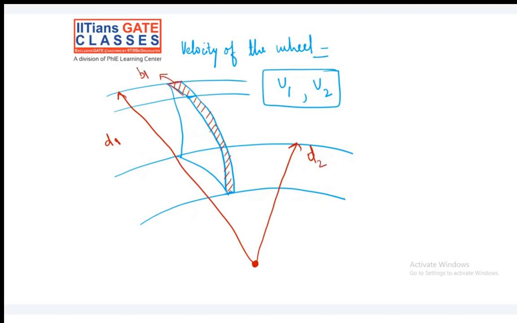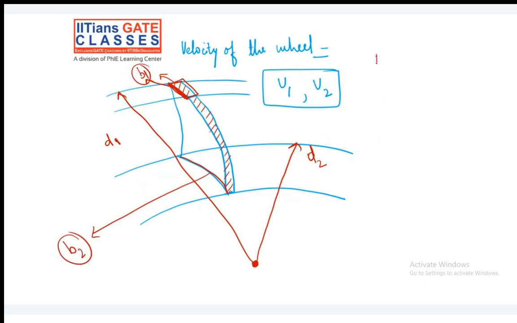At the exit, we have a certain width. This is the width b1, and similarly we have another width at this point, this is the width b2. b1 and b2, two separate widths.